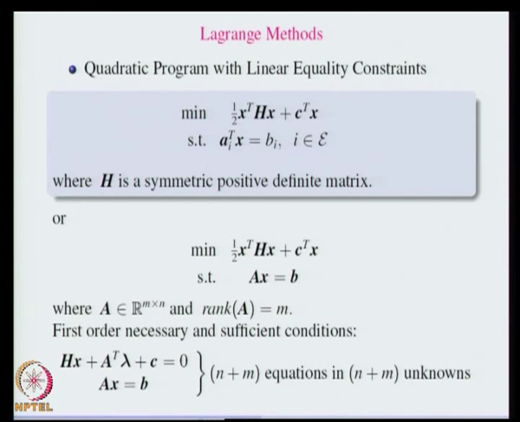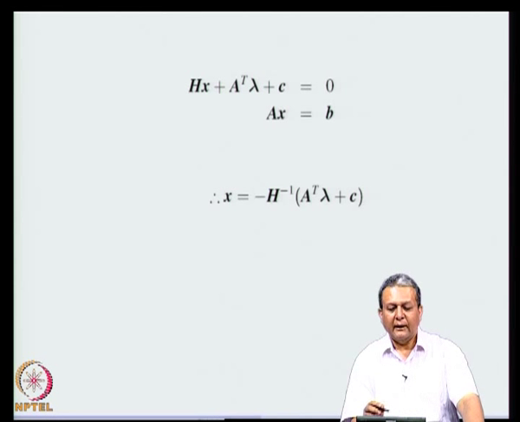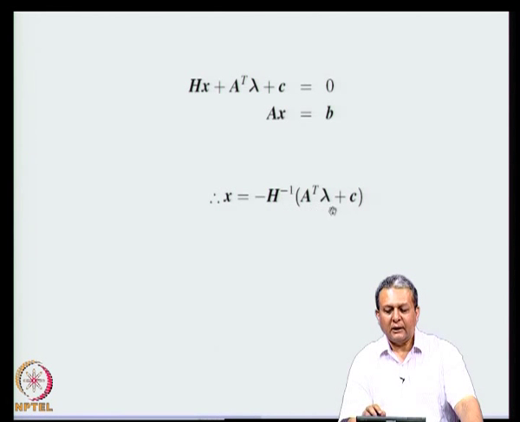But in particular, for this program, since H is a symmetric positive definite matrix, we can make use of that fact to write x in terms of lambda, and then get an explicit value for x in terms of H, C, A and B. So, let us see how to do that. We have these two equations, and H is an invertible symmetric positive definite matrix. So, x can be written as minus H inverse (A transpose lambda plus C).